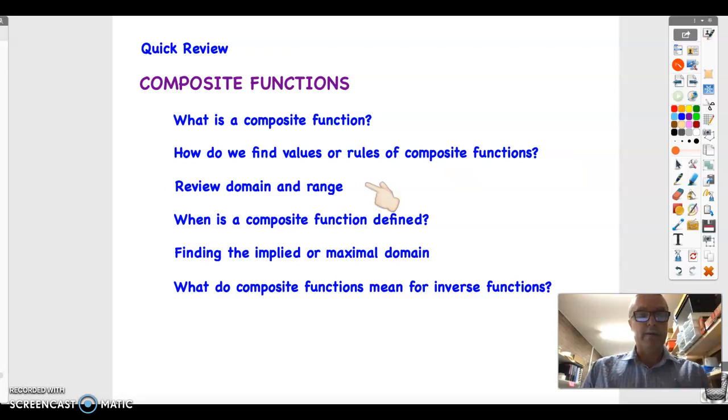After reviewing domain and range, we had a fairly in-depth discussion about when a composite function is defined, and we looked at two examples in particular. Finally, we talked about the property that when functions are used with their inverse functions to create a composite function, the output for that composite function is always x.